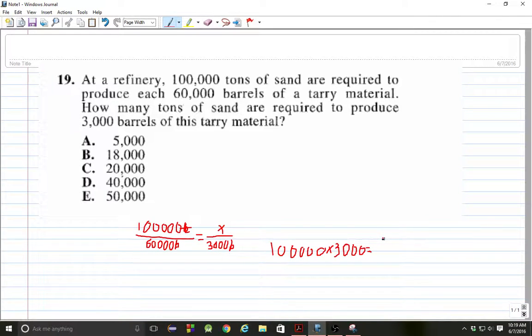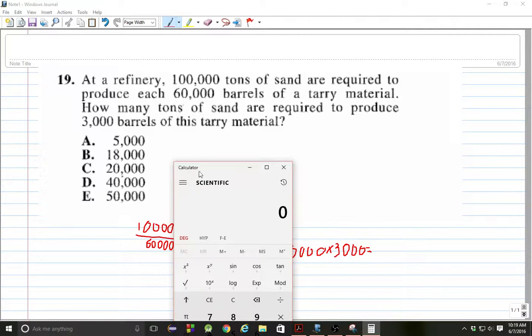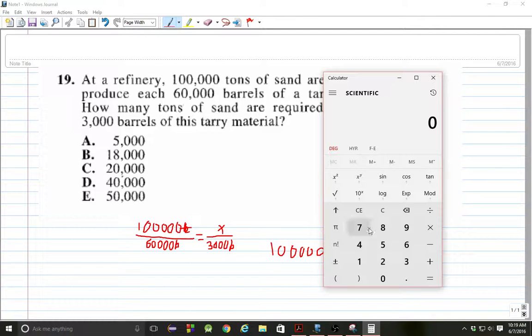Okay, I'll just do this with a calculator now. 100,000 times 3,000, divided by 60,000. 5,000.